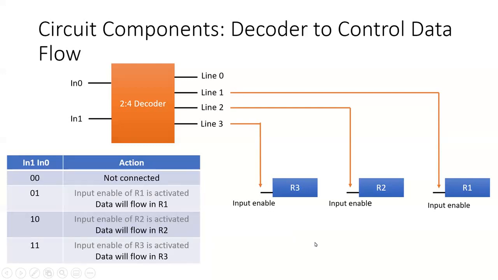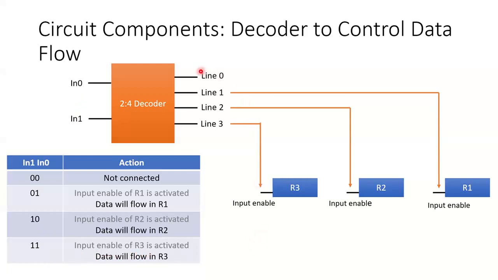So let's see how this will work in action. If your input to the 2:4 decoder is 0, 1, which is 1, it will enable the input of R1, and then data will flow in register 1 only, right? If your input to the decoder is 1, 0, which is 2, then the data will flow only in register 2, which is this. If your input to the 2:4 decoder is 3, which is 1, 1, the data will flow only in R3, right?